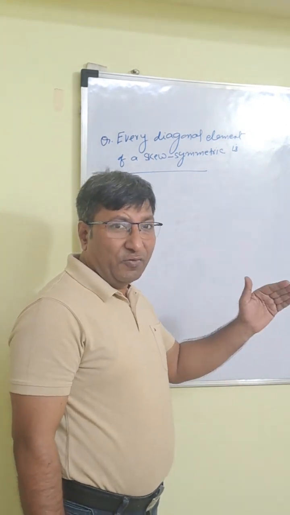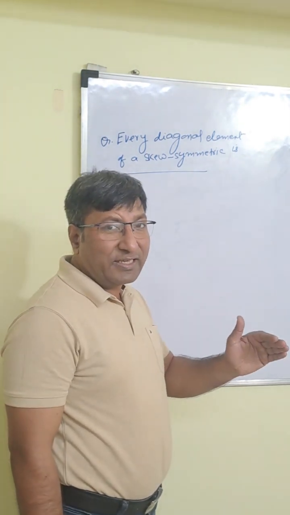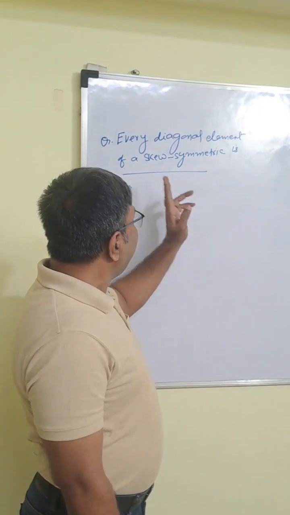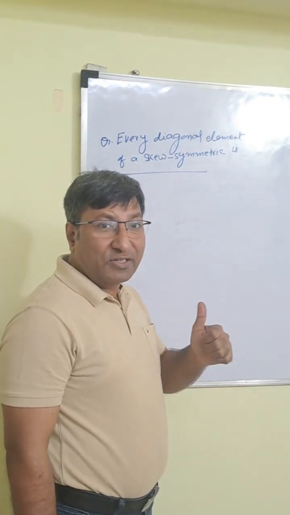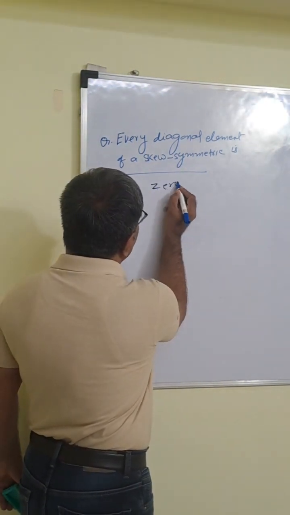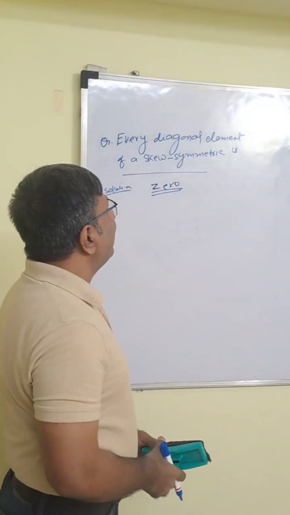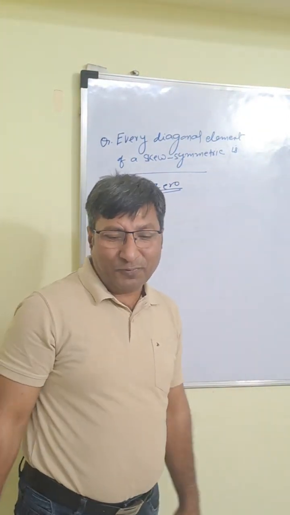That is A11 first row, first column, A22 second row, second column. These are called diagonal element. So every diagonal element of a skew matrix is always 0. So our correct answer is 0. 0 is our right answer. So every diagonal element of a skew symmetric matrix is always 0.